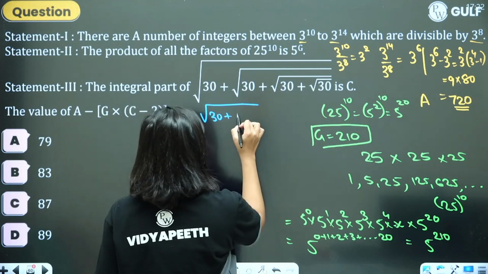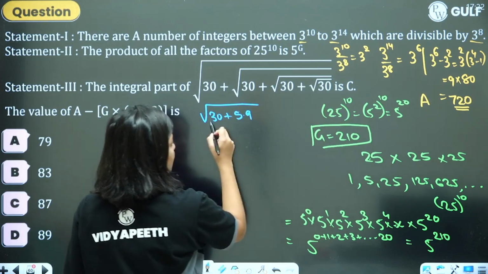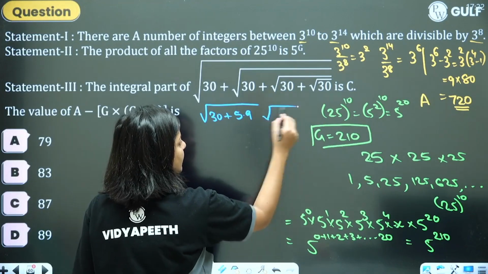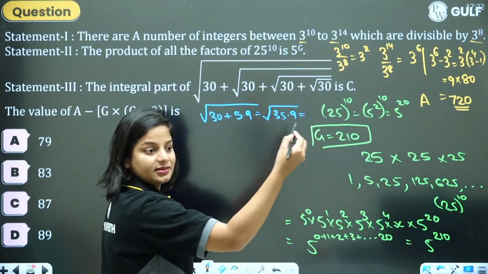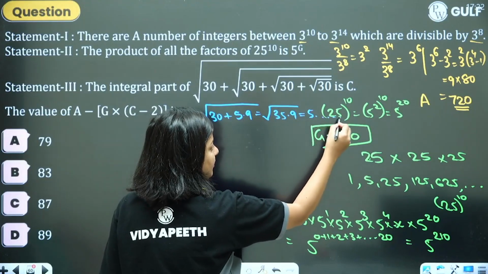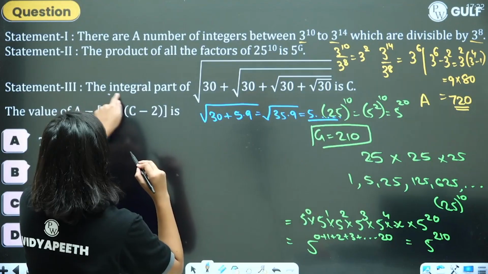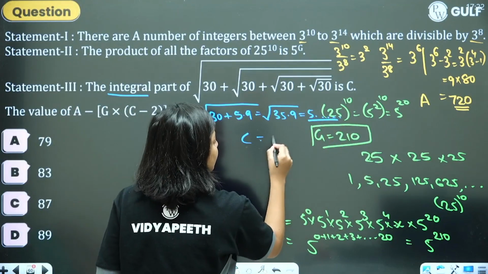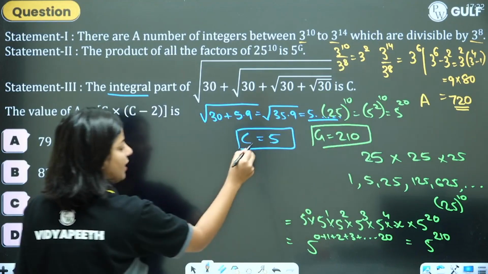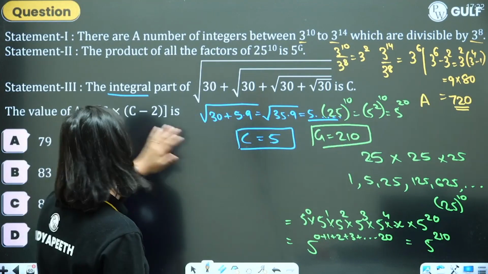Even if it goes root of 35.9, that is not 6, that is 5 point something, and they want the integral part. So the integral part will be 5. You can check.